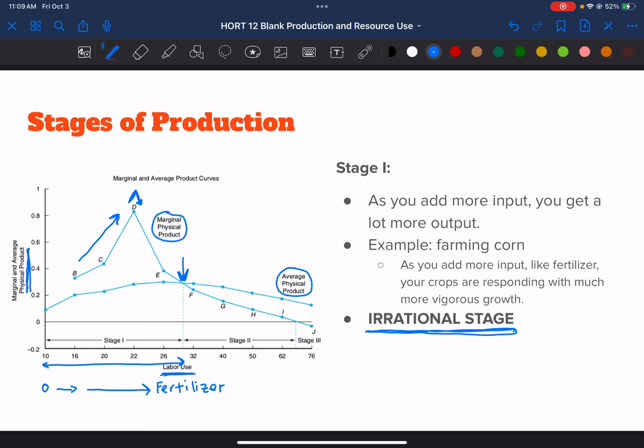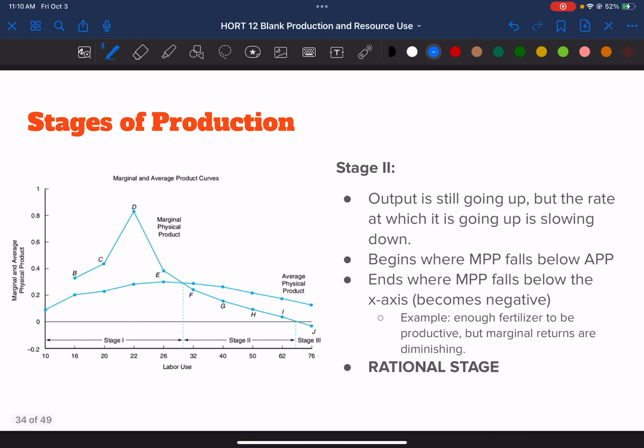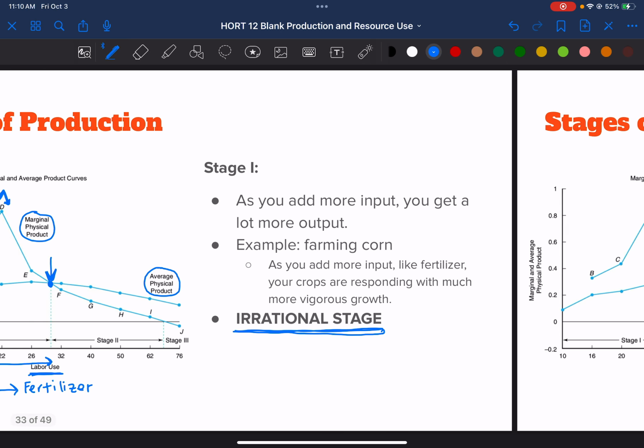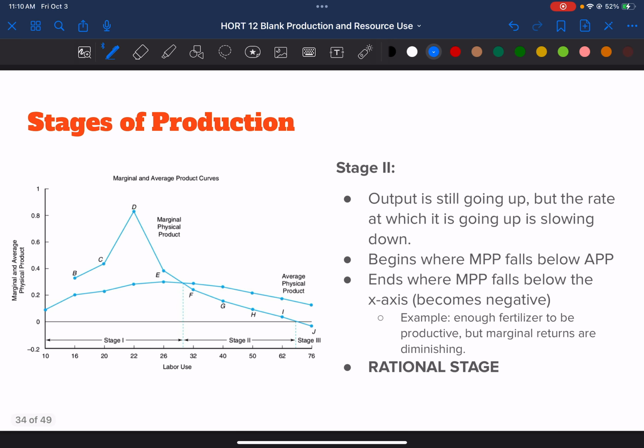It's still worth it to keep putting more labor or more fertilizer towards your product. Stage 2, oh wait, I forgot to mention that stage 1 ends where your MPP and your APP intersect. It ends right here. And that is where stage 2 begins, this point.